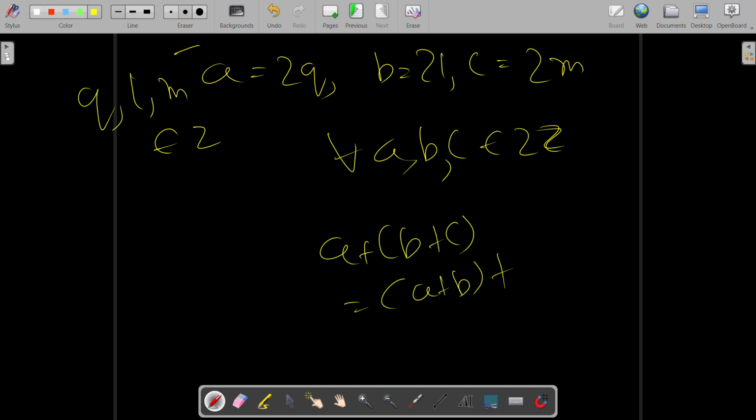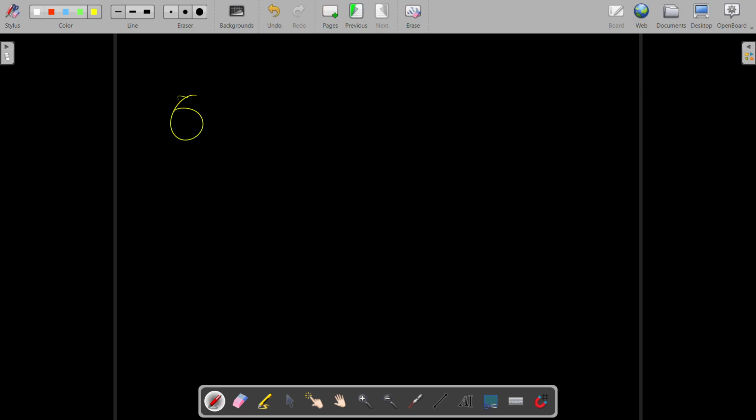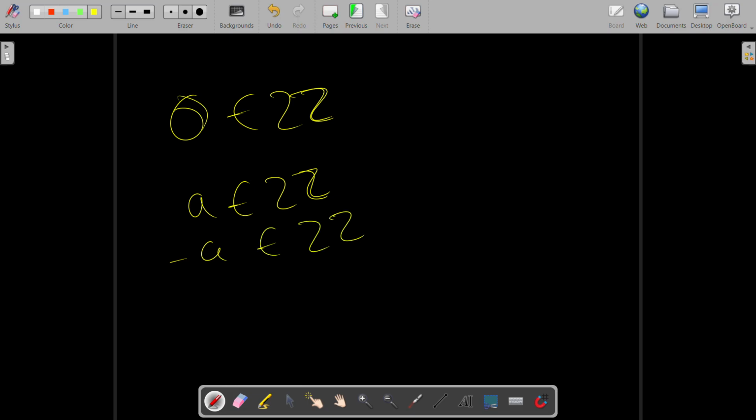We can check it, and this will satisfy the associative property. Similarly, 0 is again the identity element of 2Z, which belongs to 2Z, and the inverse of any element a which belongs to 2Z will be minus a, which will also belong to 2Z, so the inverse exists. So the identity element exists, and the inverse of each element exists.